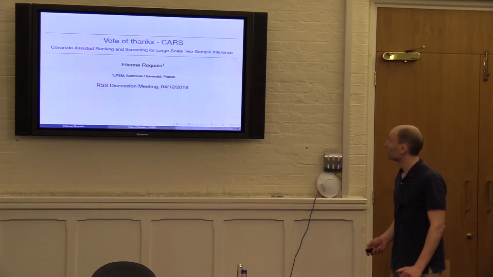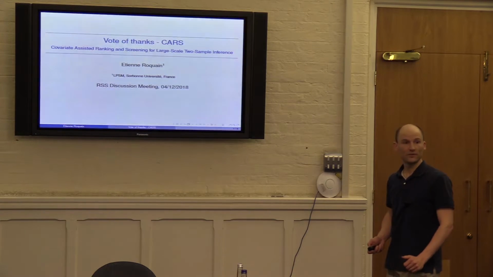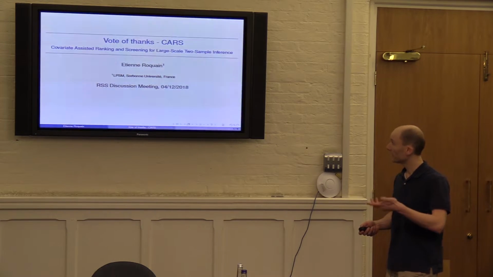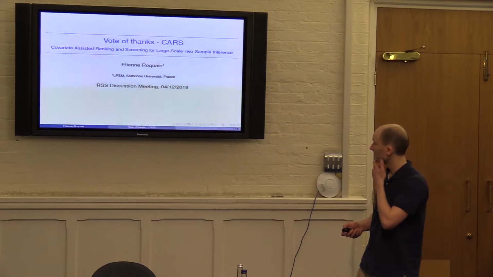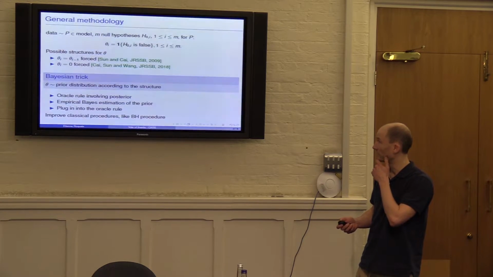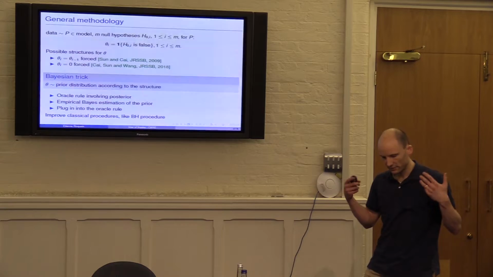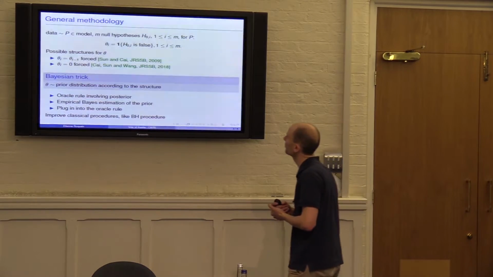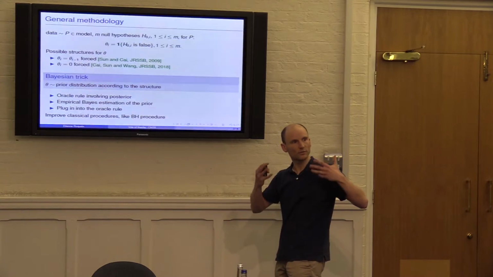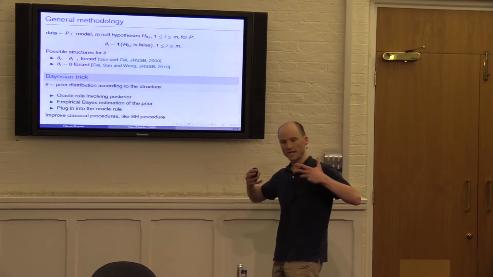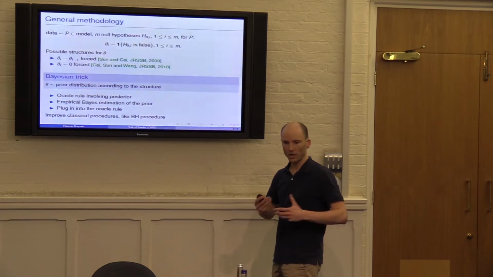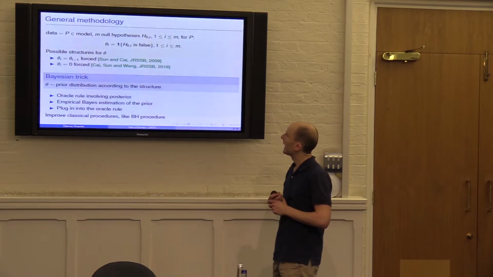And what I want to do now is to discuss this procedure and to underline the Bayesian flavor of the procedure, in fact. So just to give some intuition behind this kind of procedure, the Bayesian way to capture the structure of the null hypothesis.